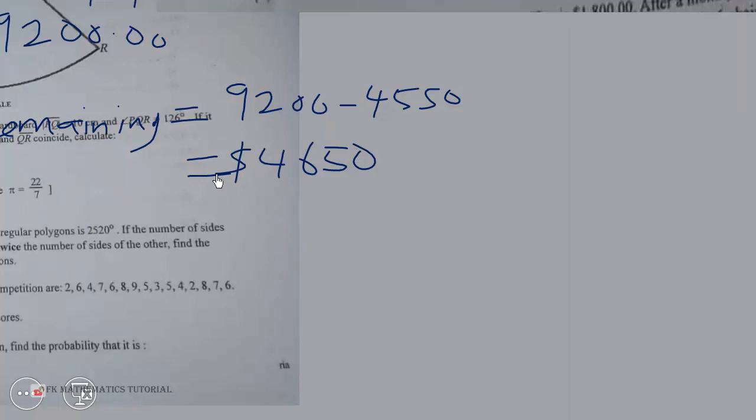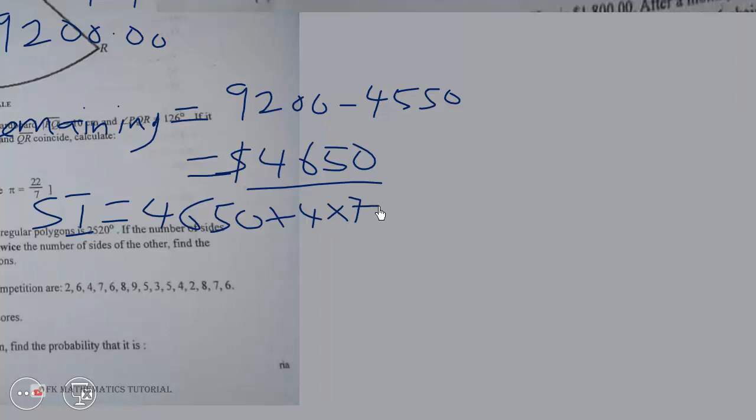Now he invested this amount of money at a rate of 7% simple interest. So simple interest is equal to the principal, which is now 4,650, times time, which is 4, times rate 7/100.